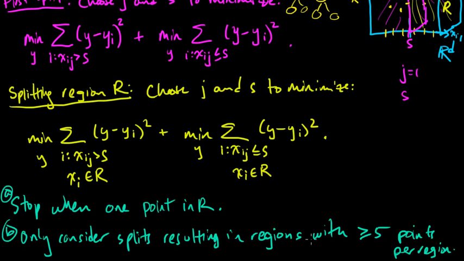So you would modify these splitting steps so that whenever you split, you always end up with at least 5 points in each region. Or replace this by any number m, some minimum number. This would be a parameter that you would choose.